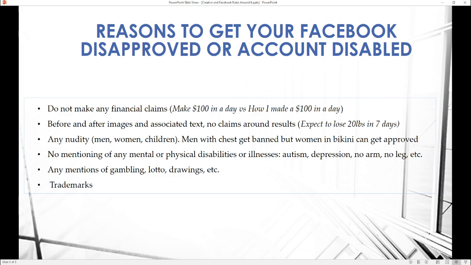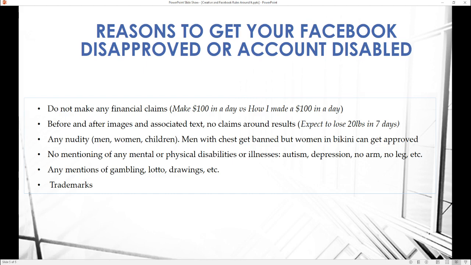Next thing is that you cannot make any mentions of any mental or physical disability or illness. So you cannot say, if you're depressed, have you been depressed? Have you felt low? That type of thing. You can't say that. You can't say, hey, if you're in a wheelchair, blah blah blah. You can't say that, right?